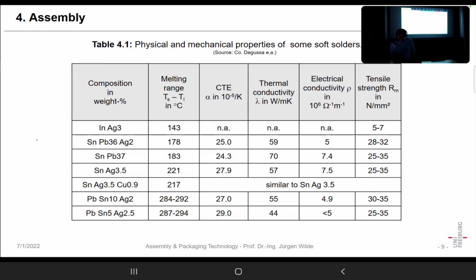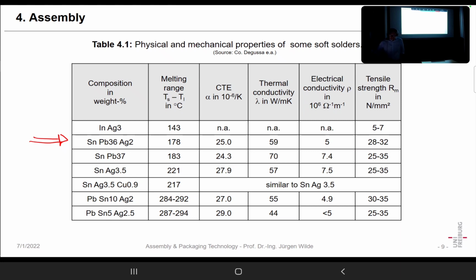Let me say that solder here, in many applications, was the standard solder in surface mount technology before we changed over to lead-free solder alloys.